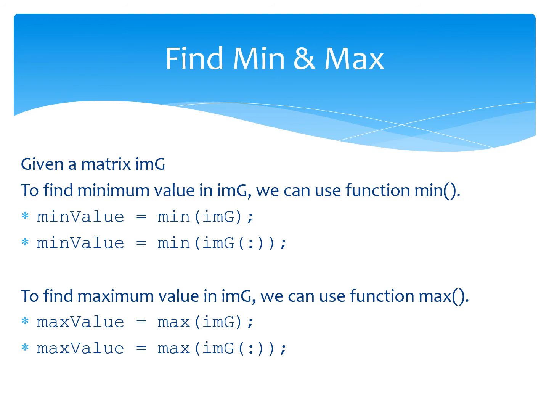Therefore, we need to transform the matrix IMG to a column vector by adding the colon symbol in the parentheses so that min and max can find the smallest and the largest values respectively in the matrix.